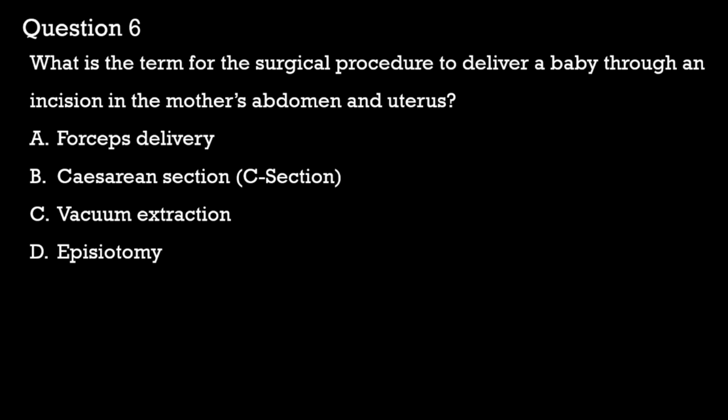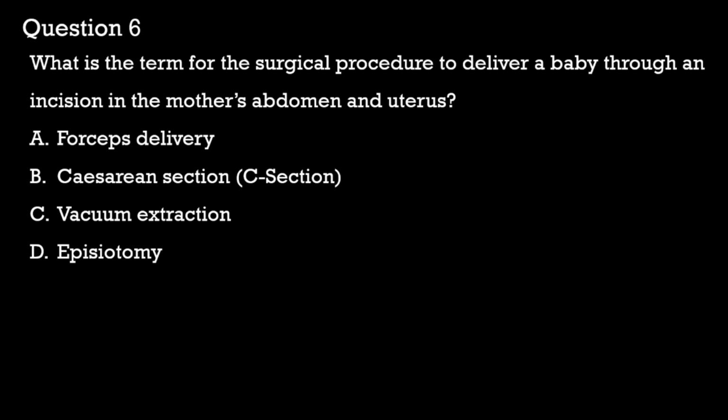Forceps delivery simply means using a forceps instrument to assist in guiding the baby out of the birth canal during vaginal delivery, but it's not necessarily a surgical procedure per se, it's just an instrument that is used.